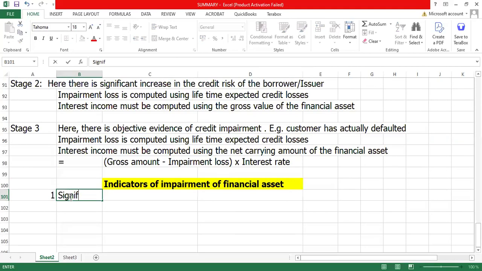It's a significant illustration where you have significant financial difficulty of the issuer. You find that the borrower is going through it. Like now, the person had a salary loan, and maybe the contract was terminated.